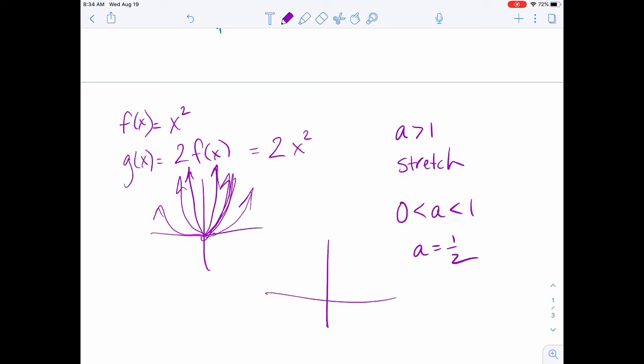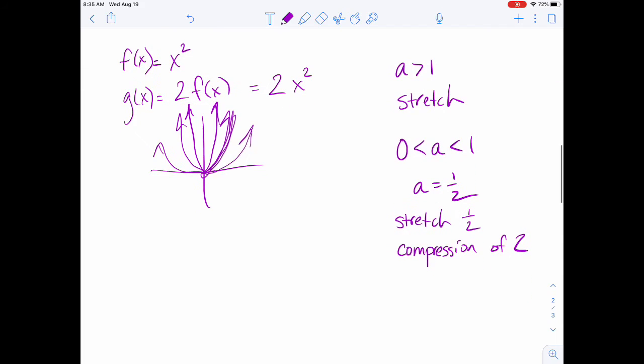That's a little confusing, but it's correct to say it's a vertical stretch of 1/2, but that doesn't make sense intuitively. So I would typically say it's a compression of 2.